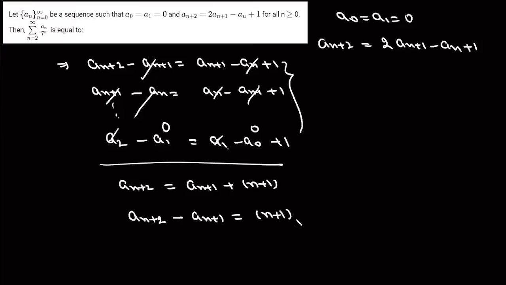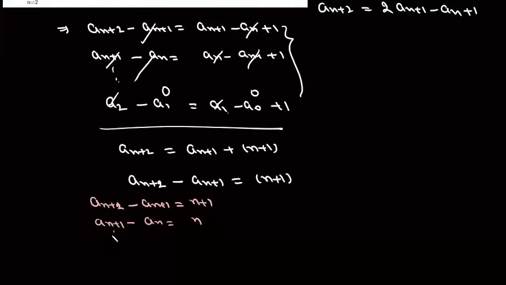So we have another recurring relation. Now from this recurring relation we can write an plus 2 minus an plus 1, this is n plus 1. An plus 1 minus an will be n, and it'll go up to a1 minus a0 will be 0.